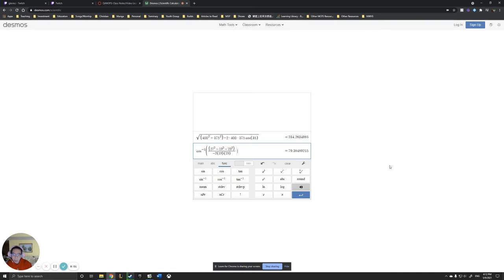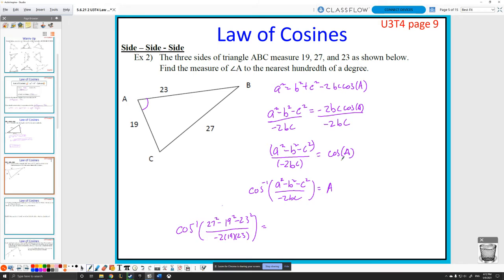My angle measurement is going to be 79.38. And of course, it's an angle measurement, so make sure you have the degree symbol.